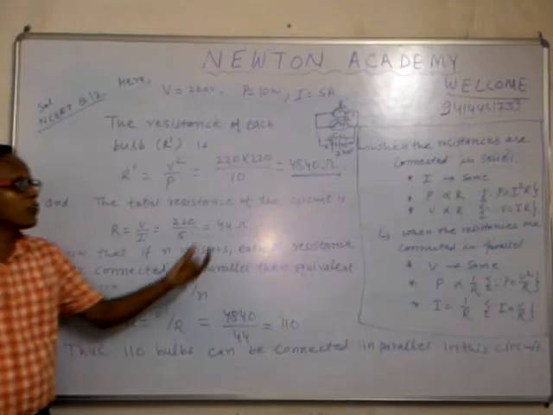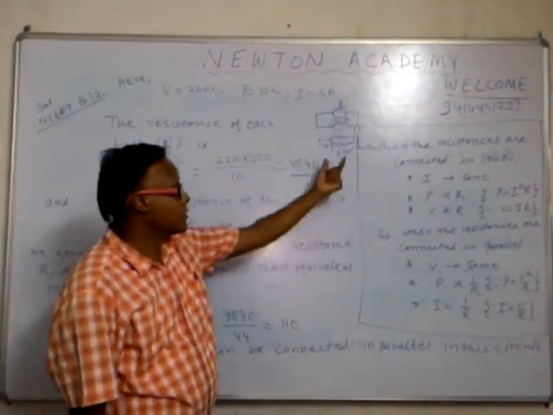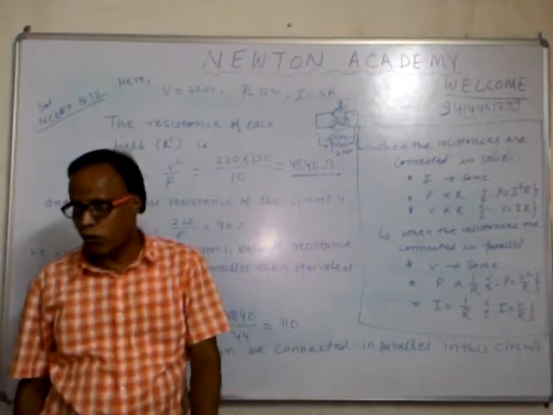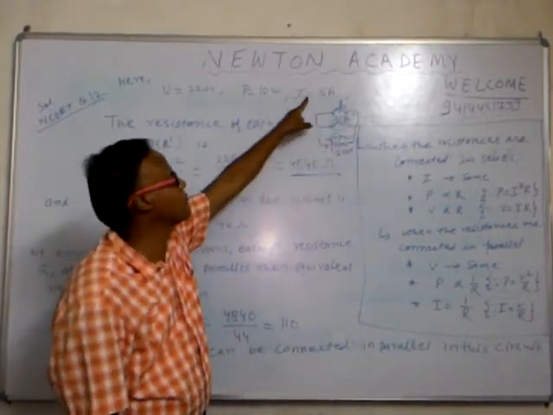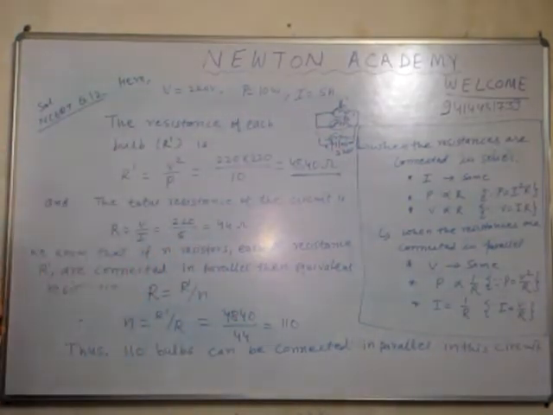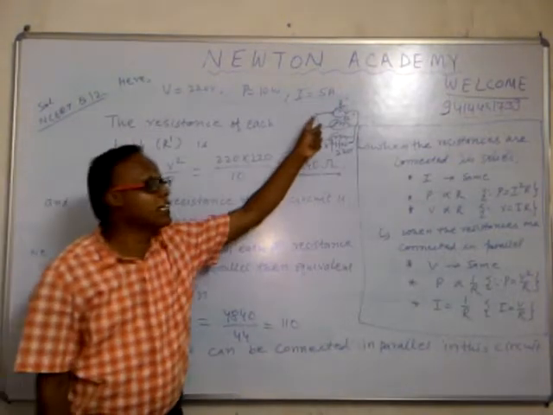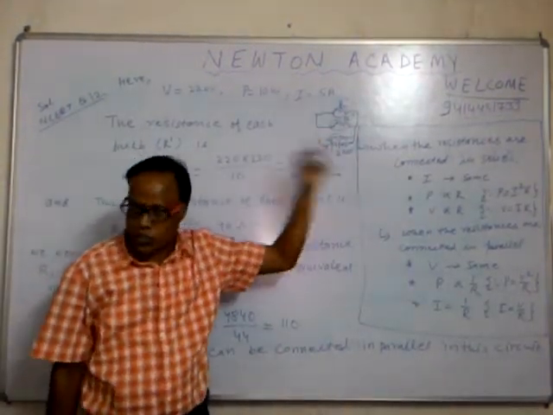But we have to calculate the net resistance. So now the supply voltage is given 220 volt and the maximum current drawn by the combination of these bulbs is given 5 ampere. So then apply Ohm's law, V is equal to IR. We can calculate the effective resistance of the combination.